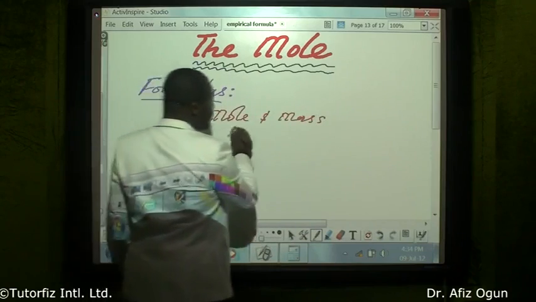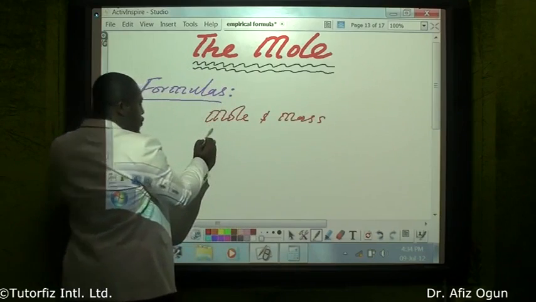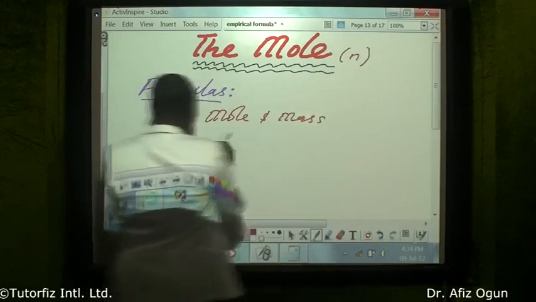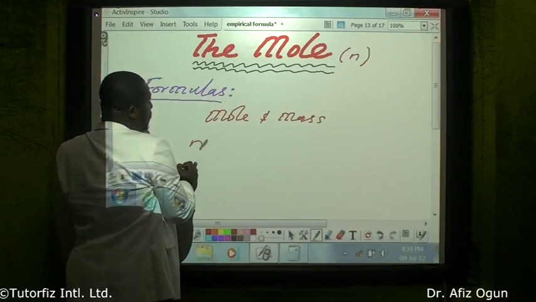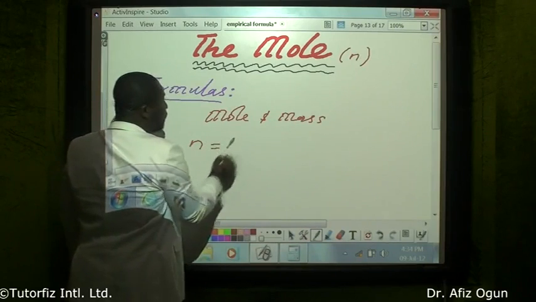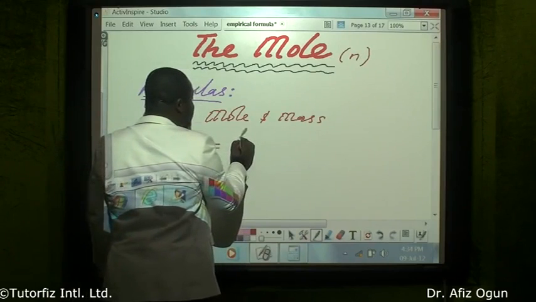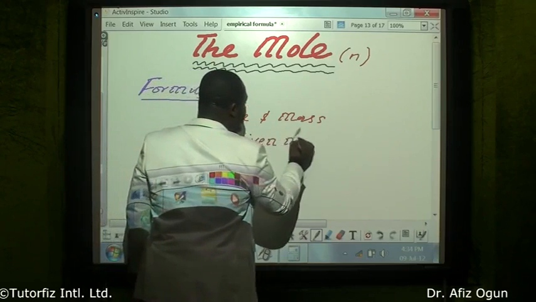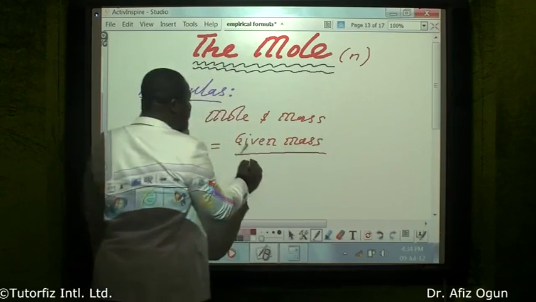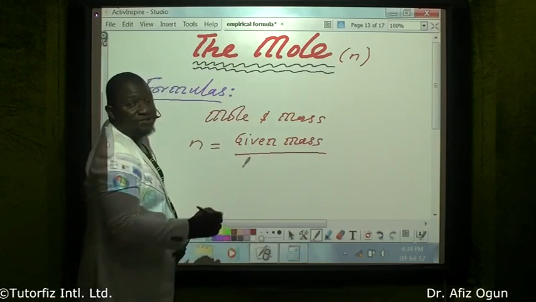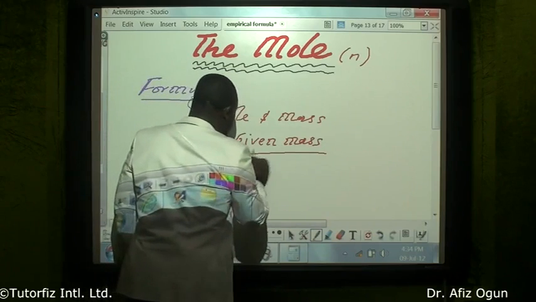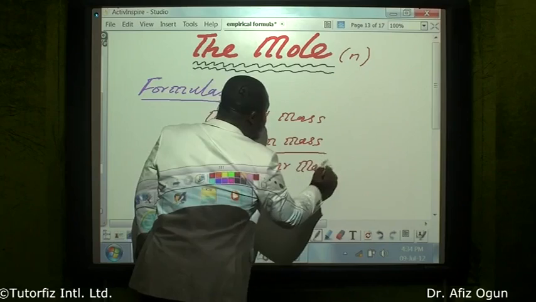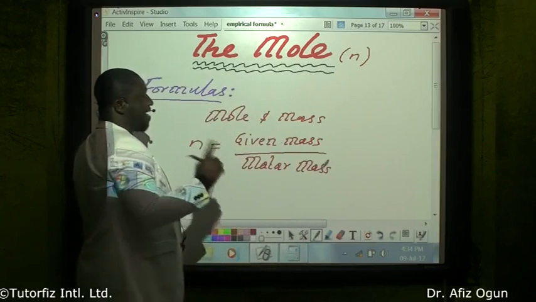Okay, mole and mass of a substance. Mole is represented by the letter small n. So the number of moles equals the given mass of a substance divided by molar mass. Molar mass is the same thing as relative molecular mass, or the mass of 1 mole.